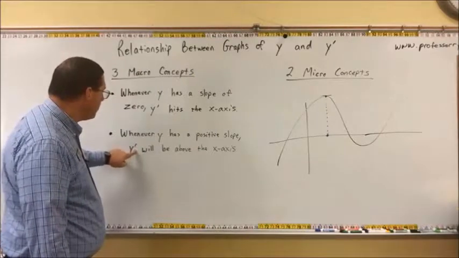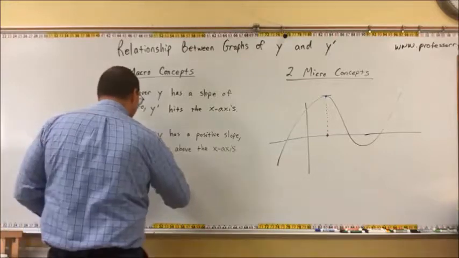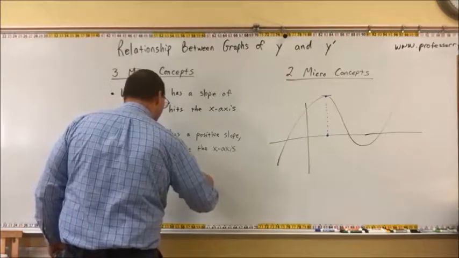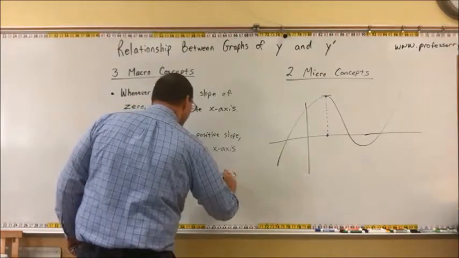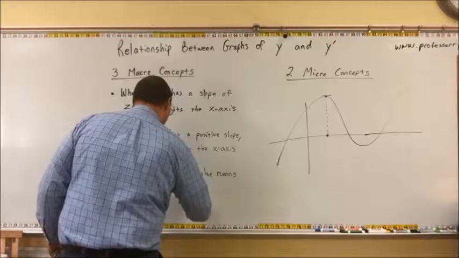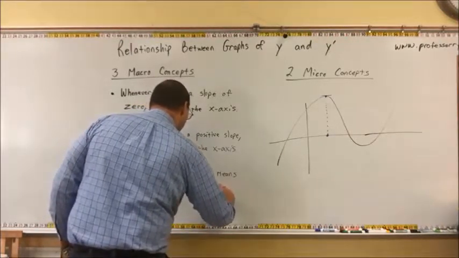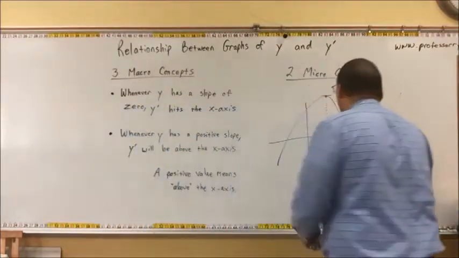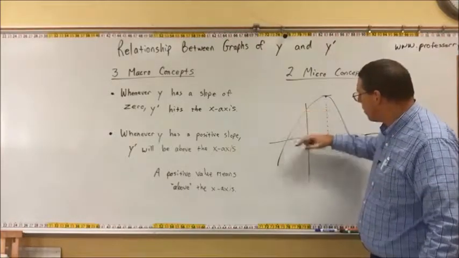And what does it mean to have a positive value? A positive value means above the x-axis. For as long as you've been reading graphs, haven't you understood that whenever a graph is above the x-axis, its value is positive?